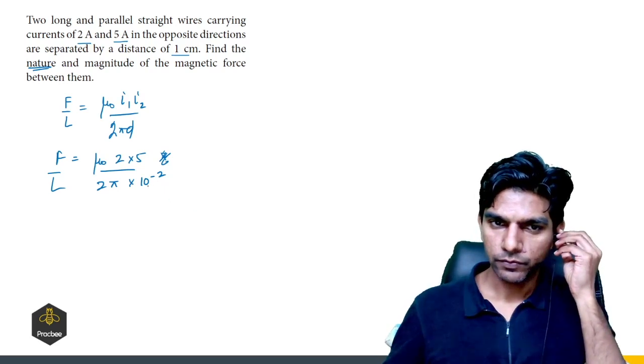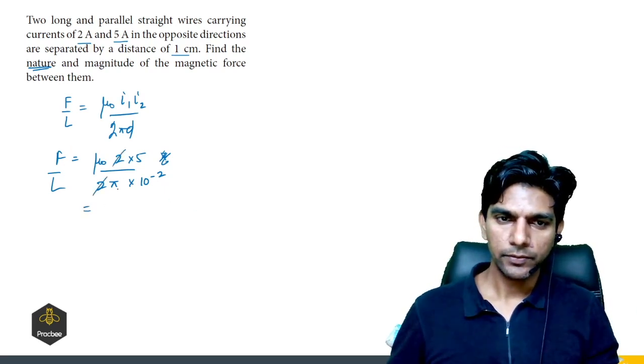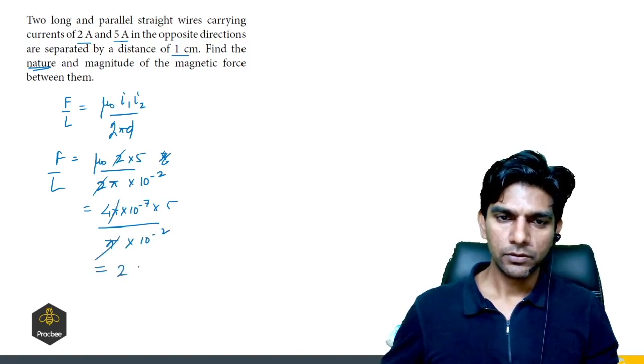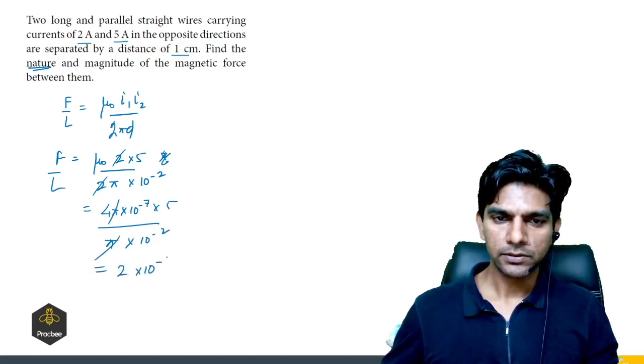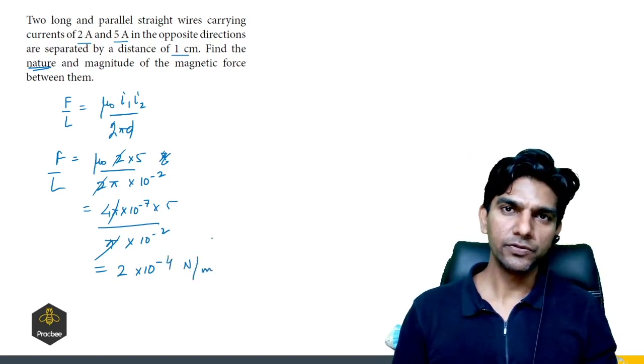We can only find force per unit length. So this will be 4 pi into 10 raised to power minus 7 times 5 upon pi into 10 raised to power minus 2. So this will be 2 into 10 raised to power minus 4 Newton per meter. So that is the force per unit length.